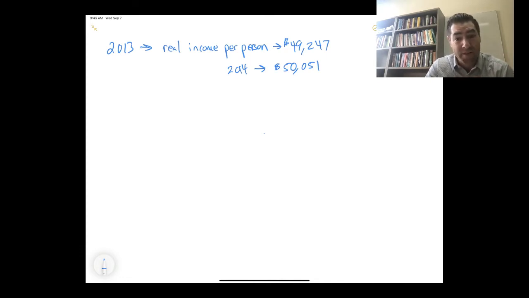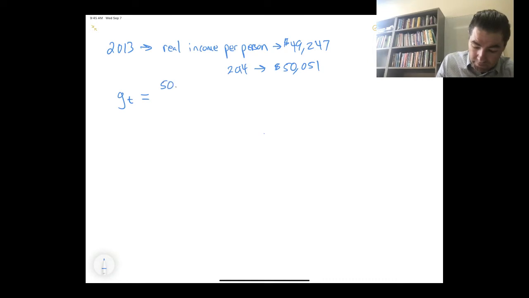So let's calculate the actual growth rate here. The growth rate is the difference in the variables, so the new one minus the old one, divided by the old one.